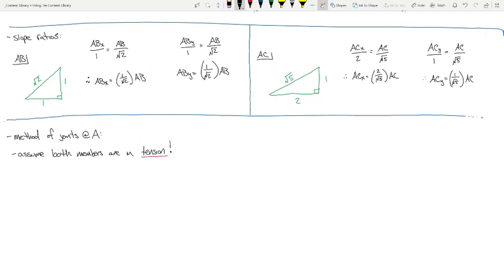So let's draw our joint out. Let's put our joint right here, and we have a member like this and a member like this. Now let's not forget that we have a 40 kip load right here and a vertical load that is 25 kips.